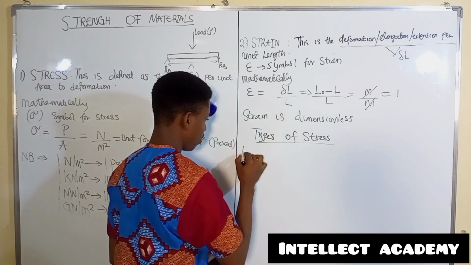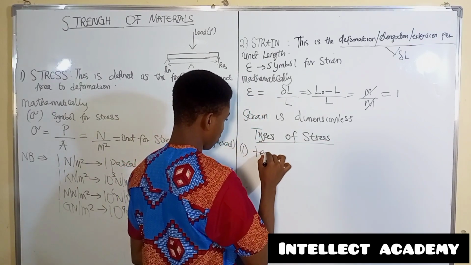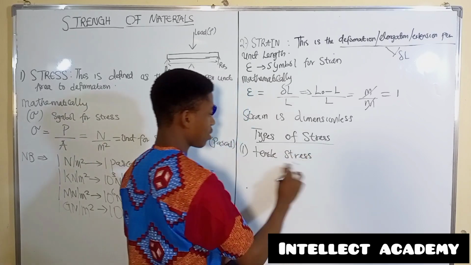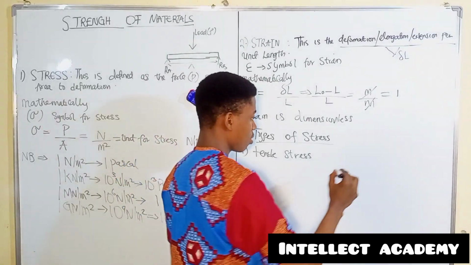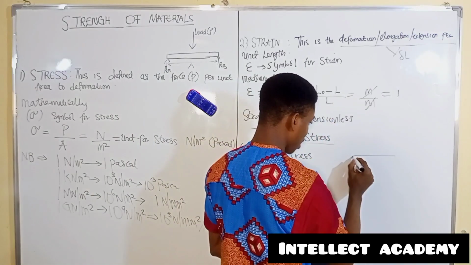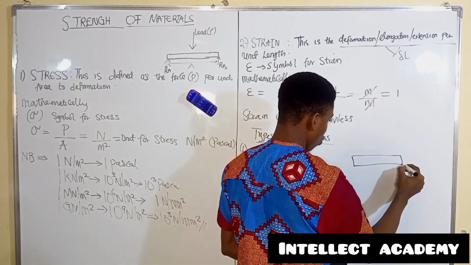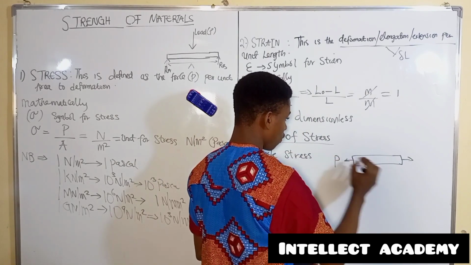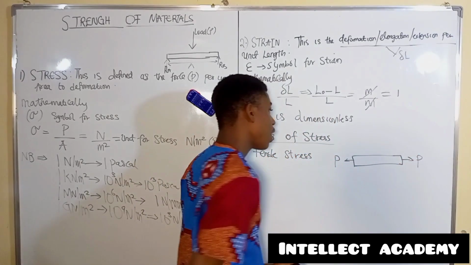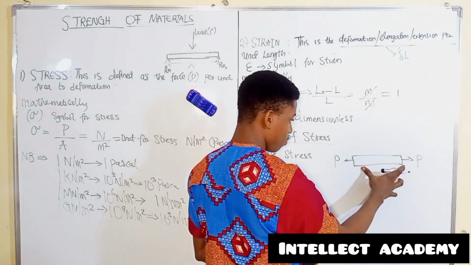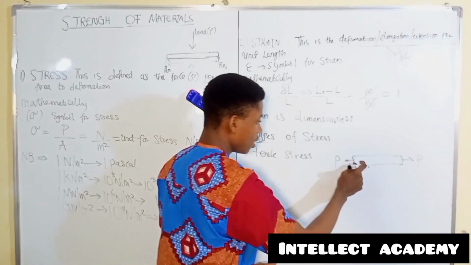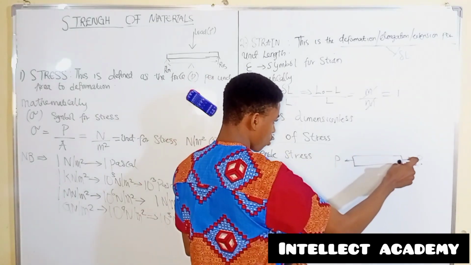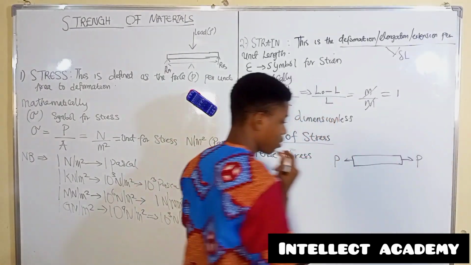Now, number one, we have tensile stress. Tensile stress is a stress that happens when two equal forces or loads are acted upon a beam. So, for example, there's a force drawing this material in this direction, and a force drawing this material in the other direction.